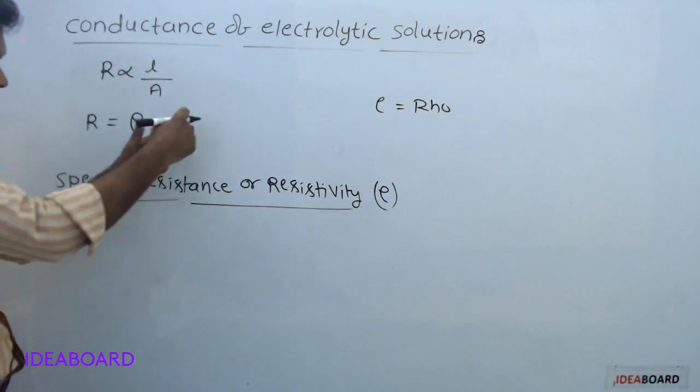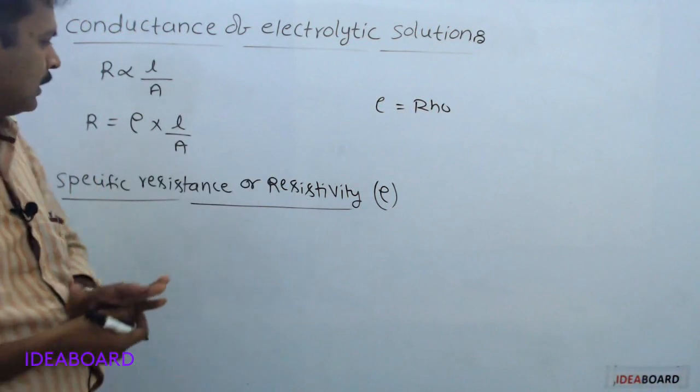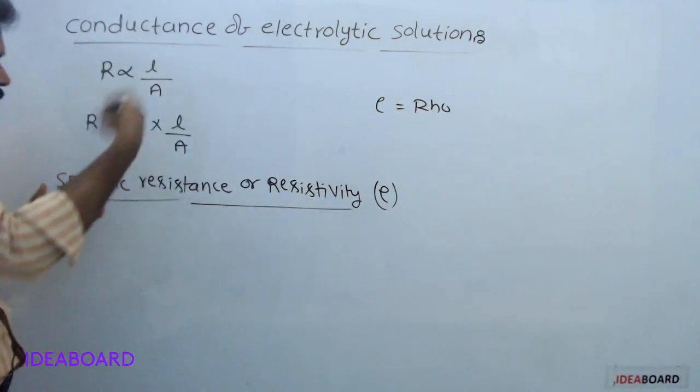If L is equal to 1 centimeter and A is equal to 1 centimeter square, then R is equal to rho only.